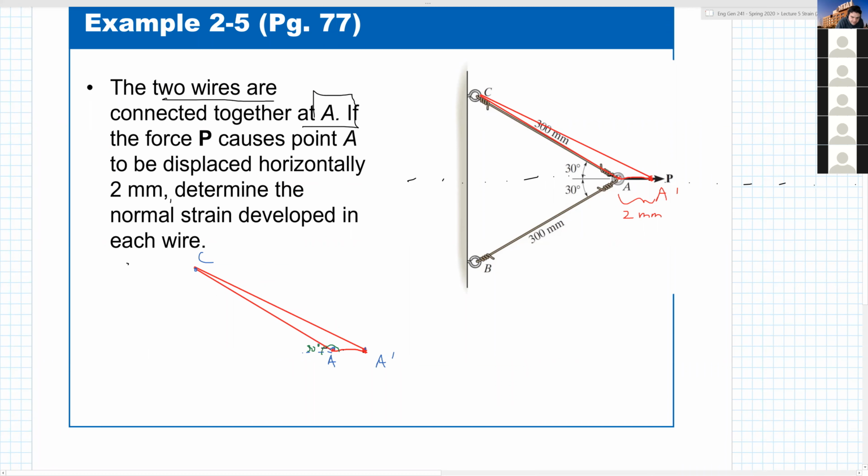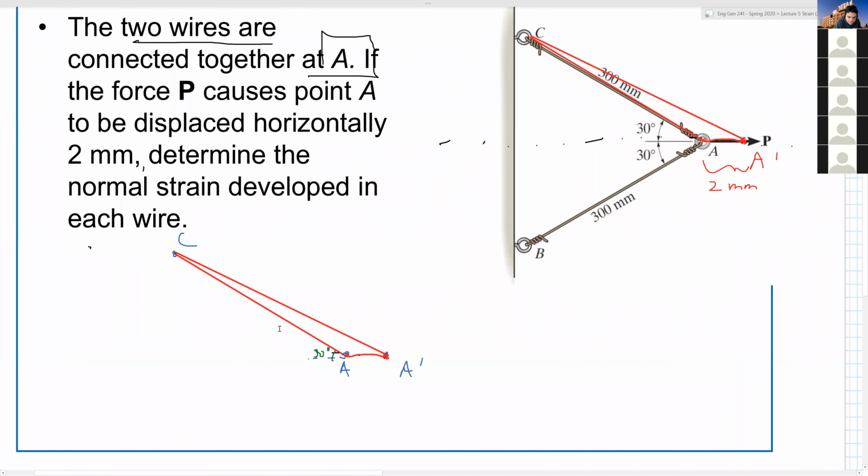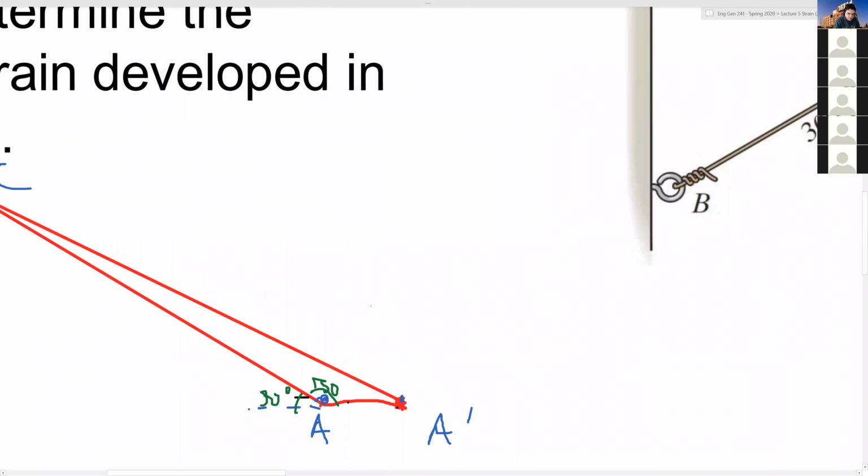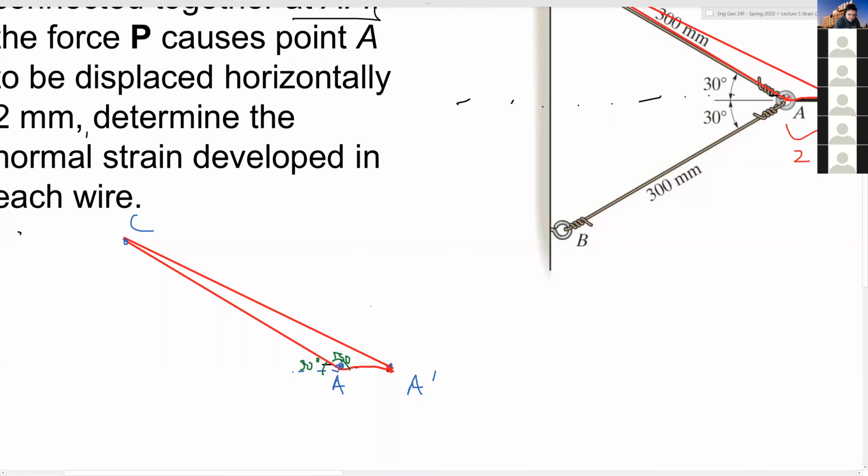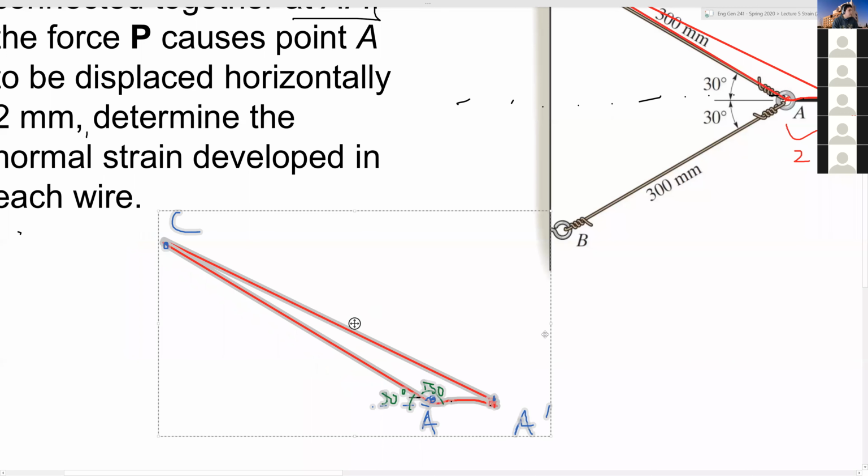Do you know the angle inside here, the triangle? You zoom in on it. 150. Excellent. So the angle in here is 150. I'm going to cheat a little bit and make it bigger. Scale this. Okay, so the inside angle is 150.